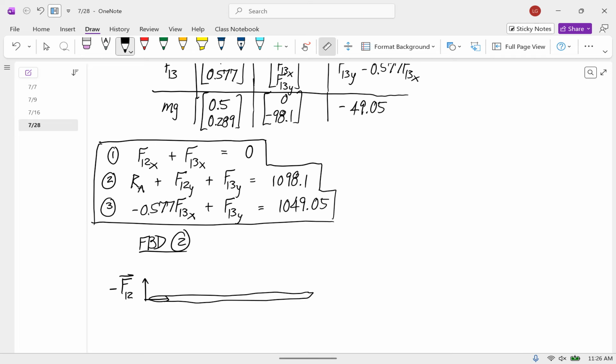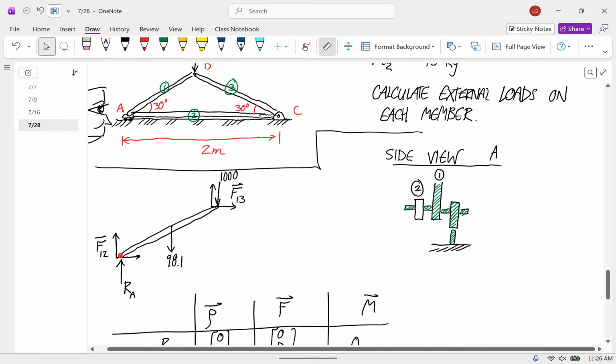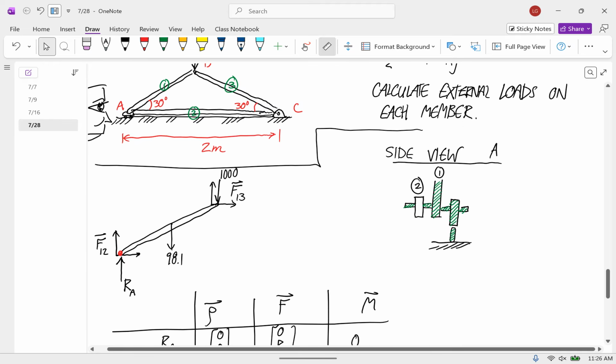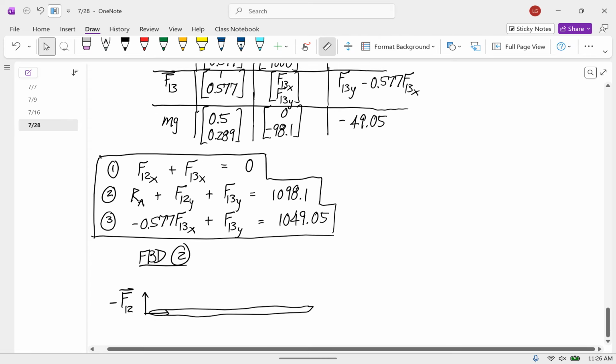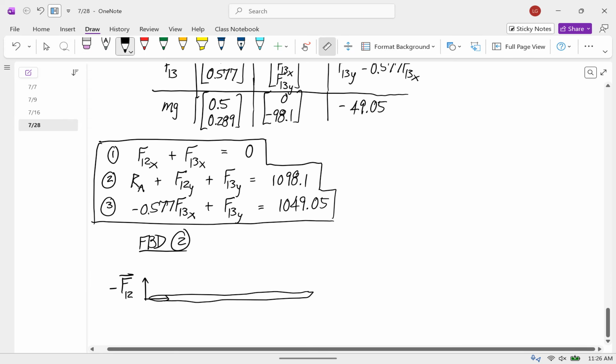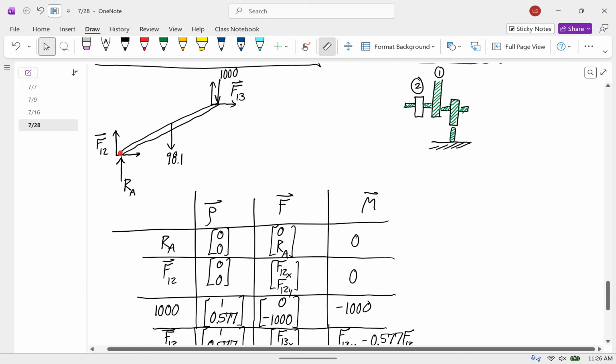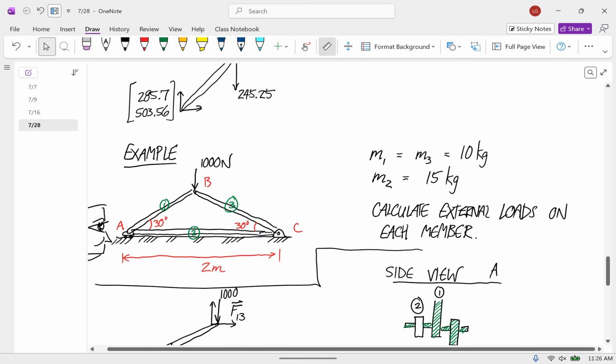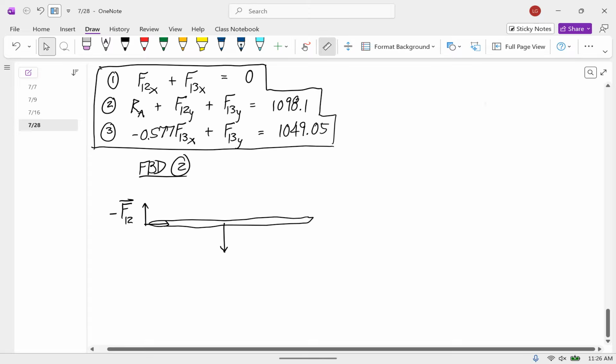That's Newton's third law. And then we have the weight at the middle. So 15 kilograms times 9.81, that's 147.15.